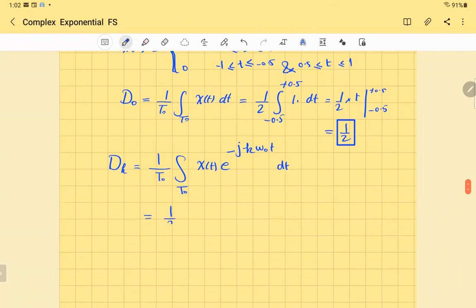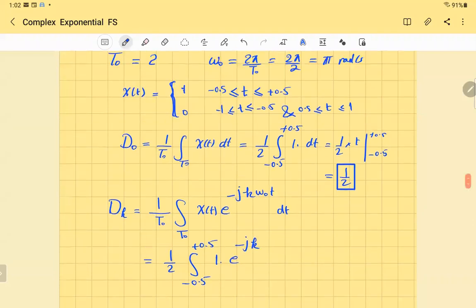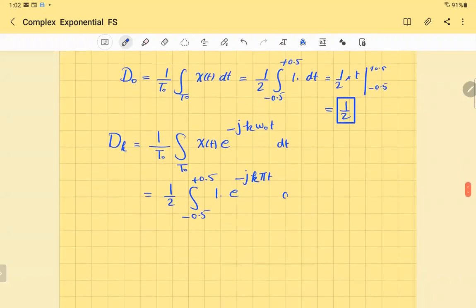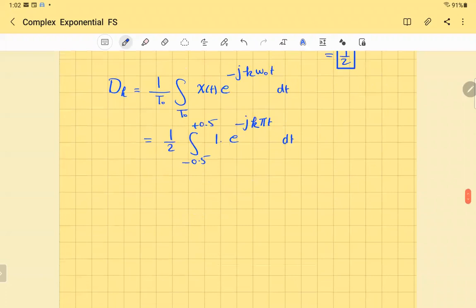The period is equal to, and I'm going to integrate from minus 0.5 to positive 0.5, and x of t is equal to 1. Easy. E power minus j k, and omega naught is equal to pi, t dt. Okay. So I have 1/2, and we know the integration of the exponential. It's the same thing divided by the factor on the top.